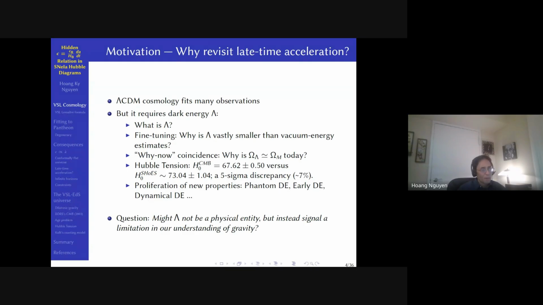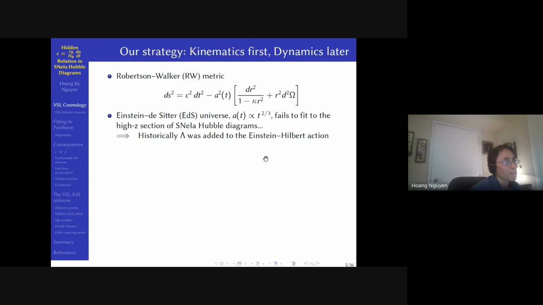And so the more and more problems that we are facing with lambda CDM should suggest something, perhaps that lambda is not a real physical entity, but it shows a limitation in our understanding of gravity. And so we need to revisit that.